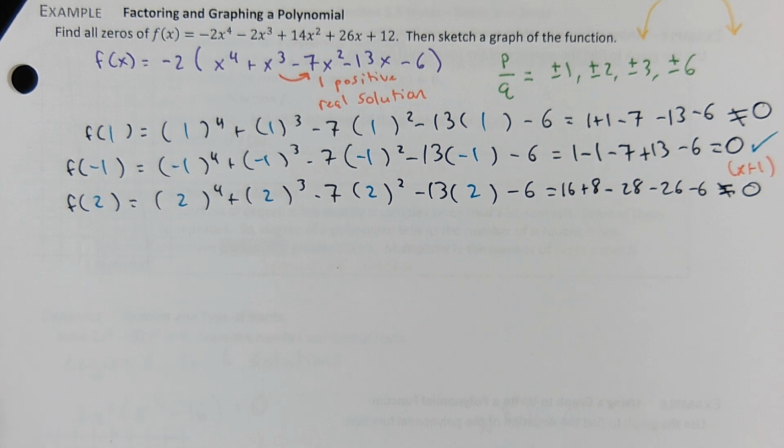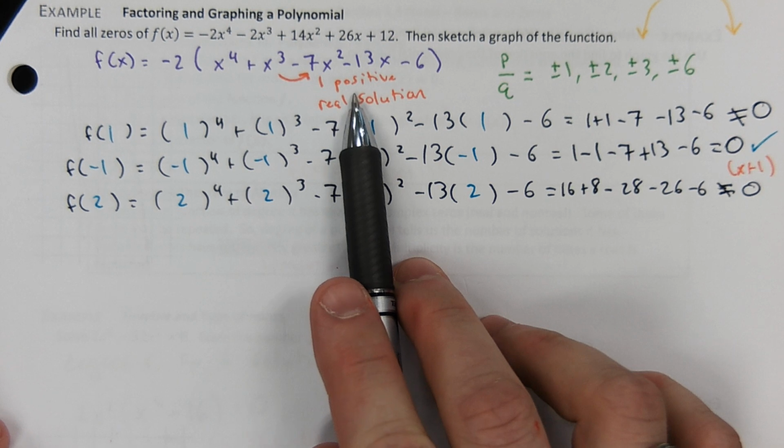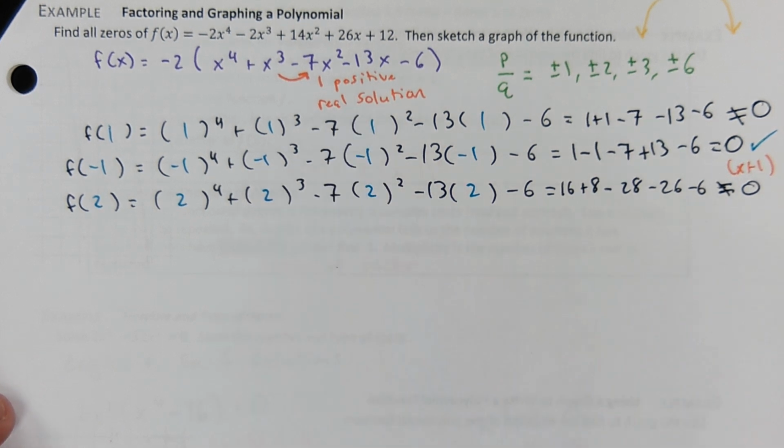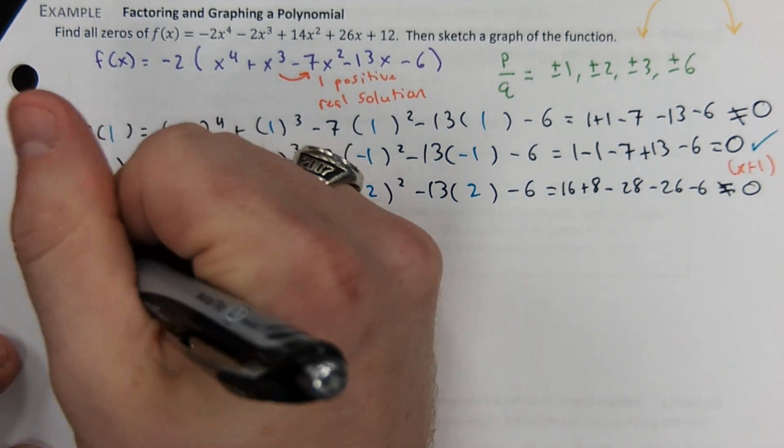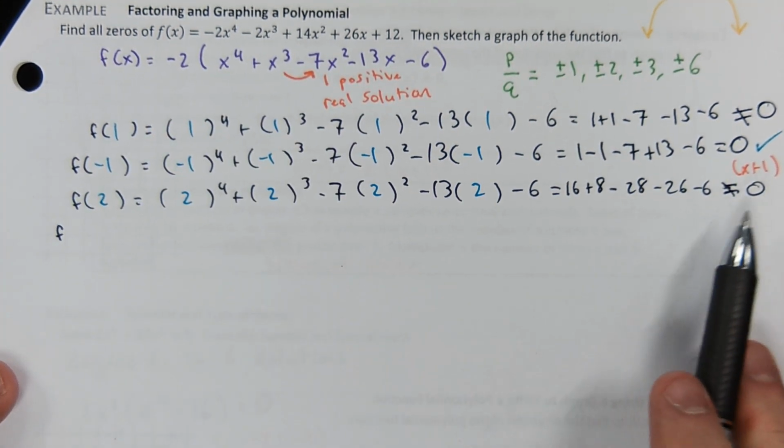Next number to check is, and you notice we still haven't found that positive real solution that Descartes' rule of sign said we have. No guarantee it's pretty. That's why. The next number would be negative 2. I'm just going to keep scooting left and hope that it gets less and less tight on the right side.